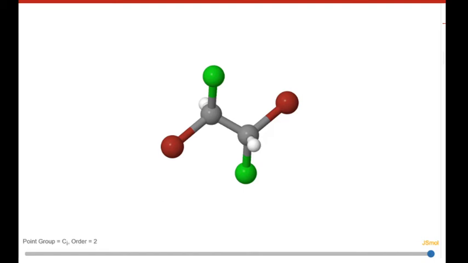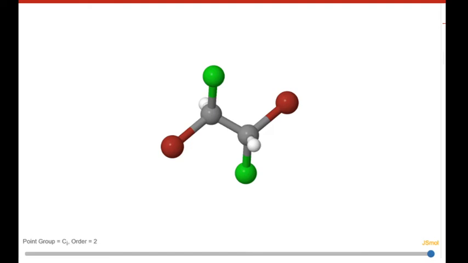Okay, so again, if a molecule has only the identity E, for example a chiral molecule which has a chiral carbon or asymmetric carbon, it belongs to the C1 point group. So only identity E is present.